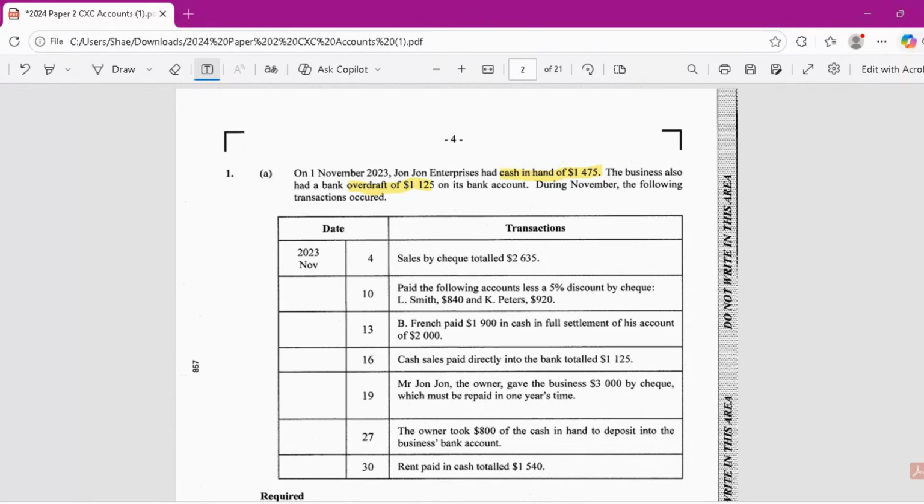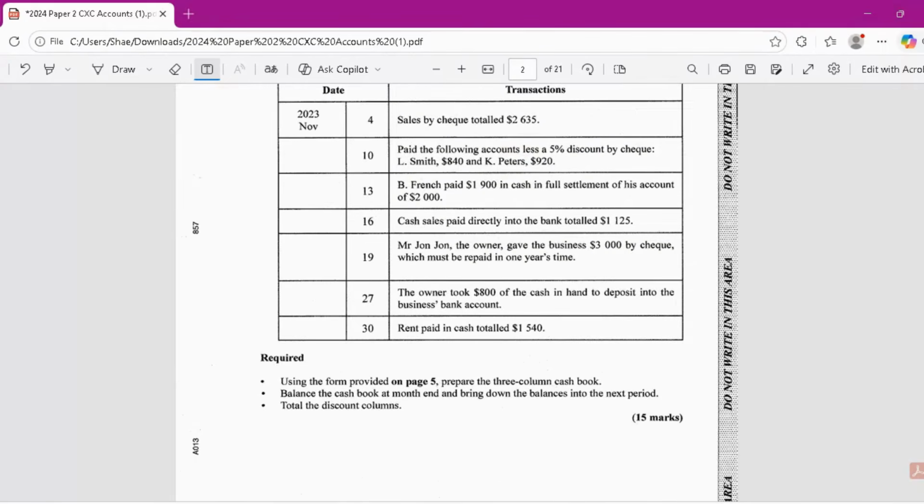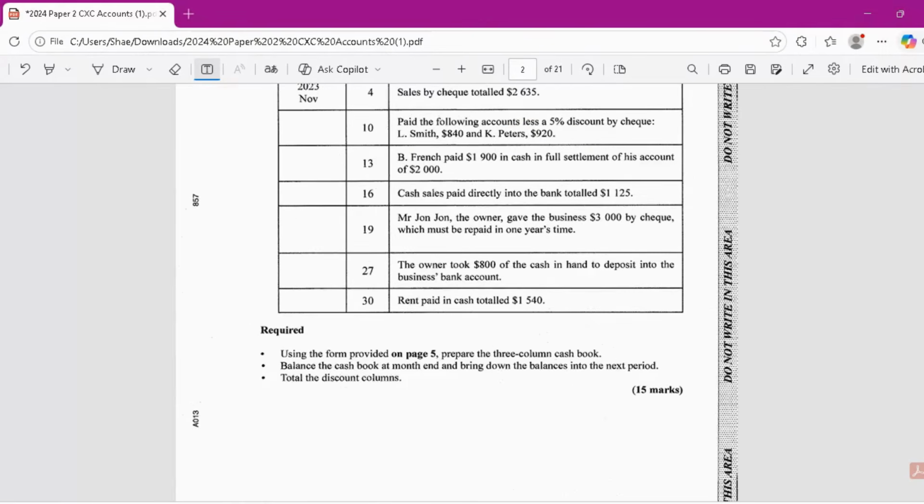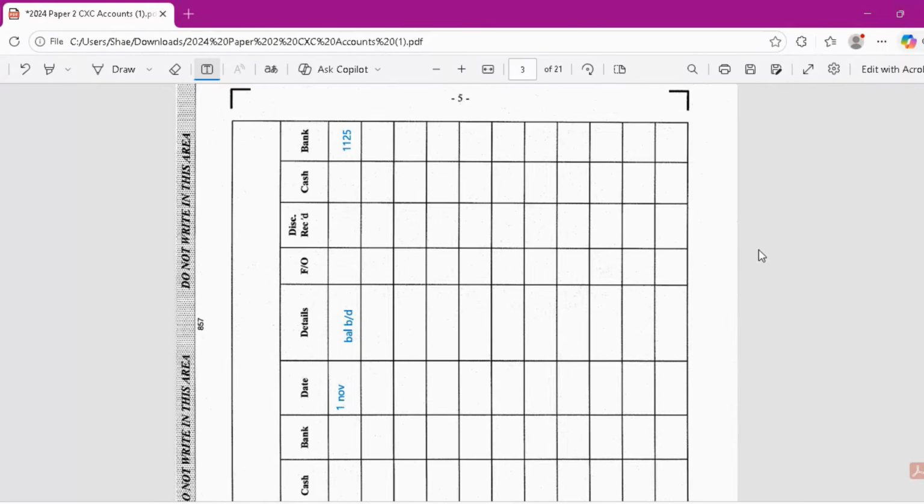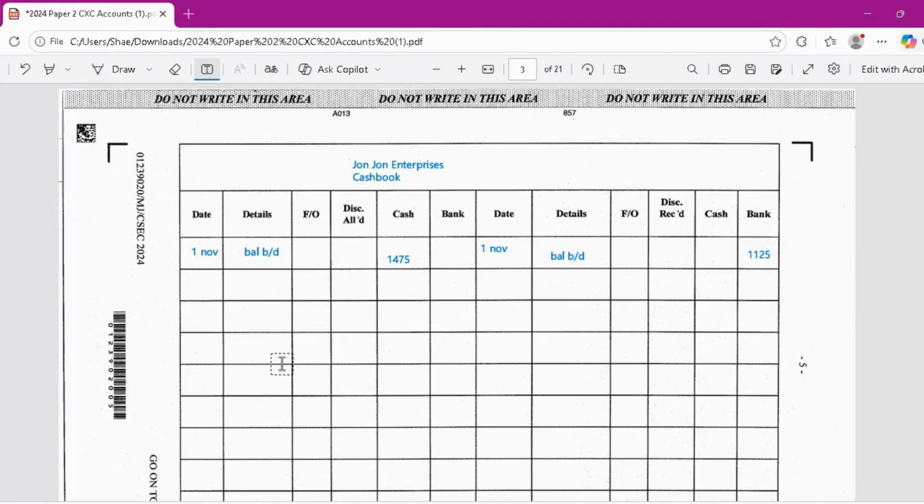So you show that you received cheques totaling 2,635. You go into your bank column on the debit side, 2,635 on the 4th of November, and the details would of course be sales.